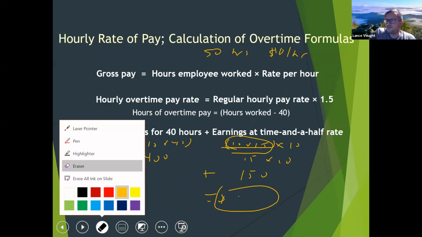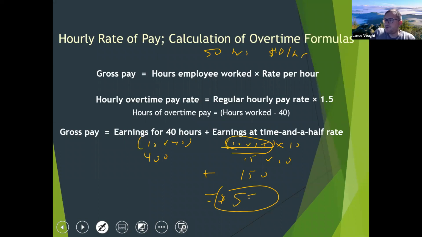Now, gross pay means total. That's not actually how much you'll get in your paycheck, because you have to take out taxes, Social Security, Medicare, all those fun taxes. If you have insurance, it comes out. If you have retirement, that comes out. Any other benefits like life insurance, that comes out.